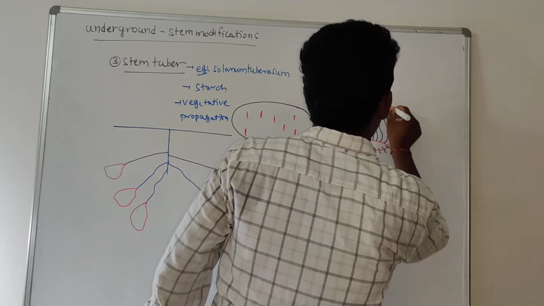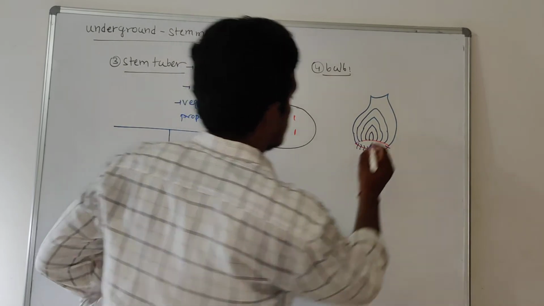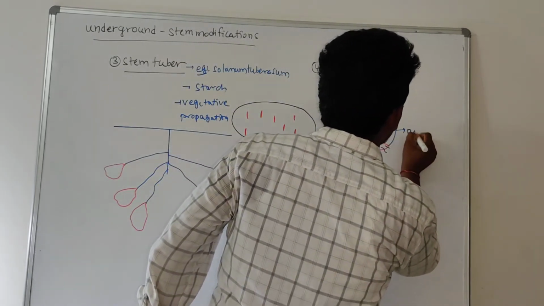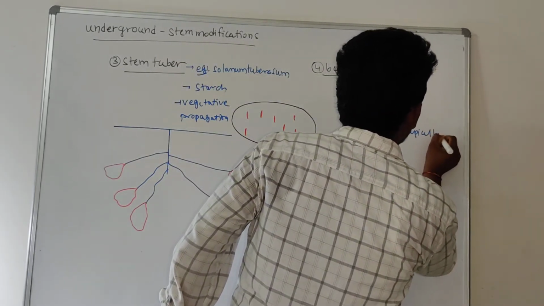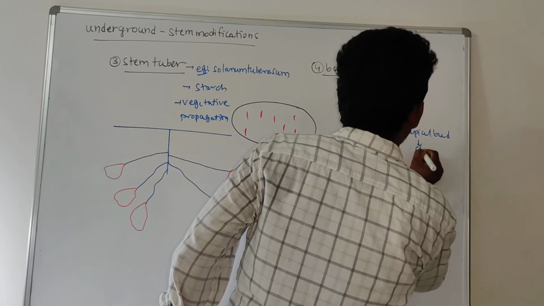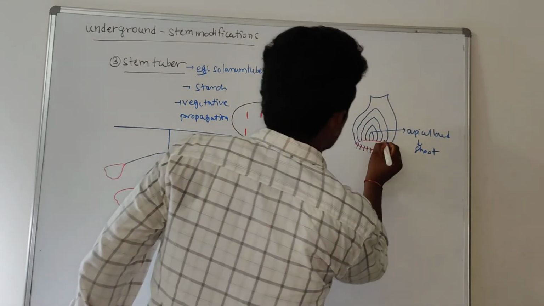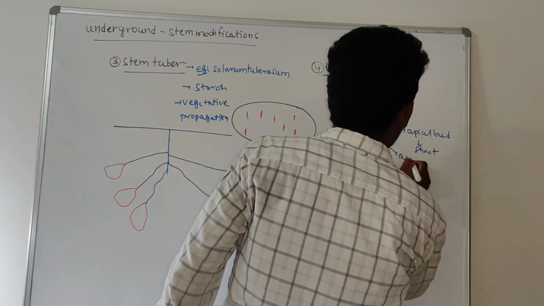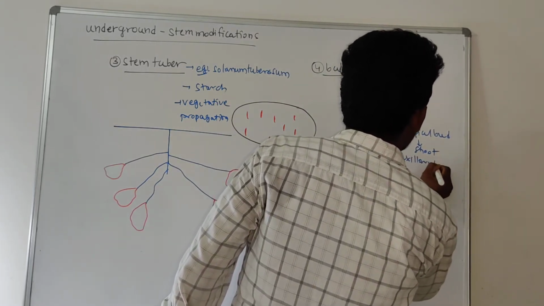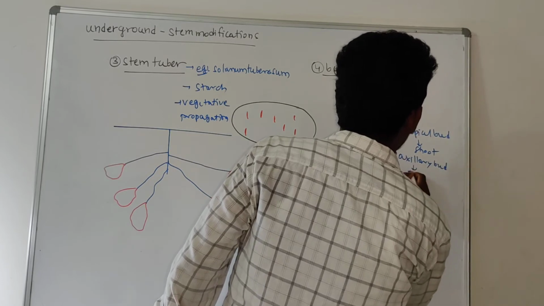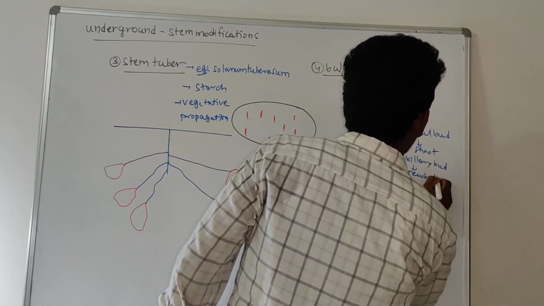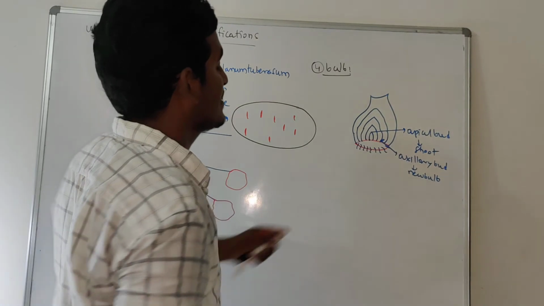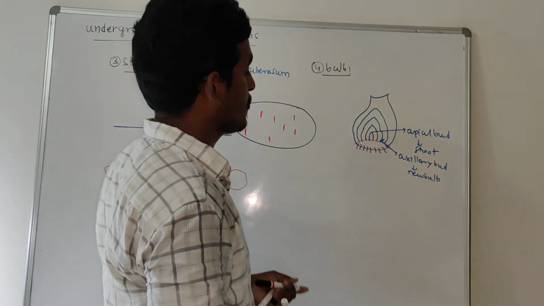The axillary bud will give a new bulb. So it is an apical bud, it will give a shoot, and here the axillary bud will give a new bulb. So it helps in vegetative propagation.